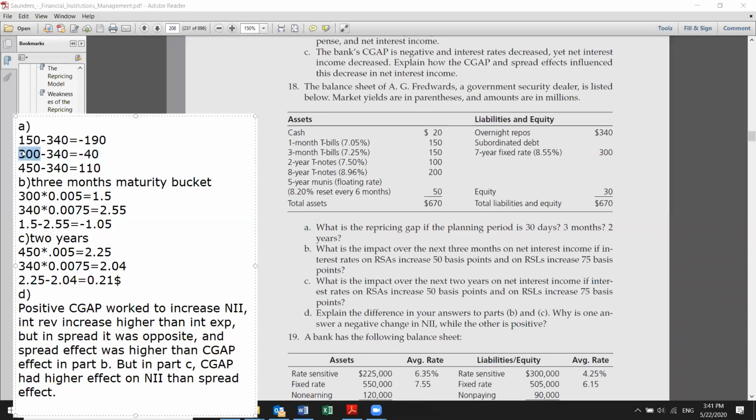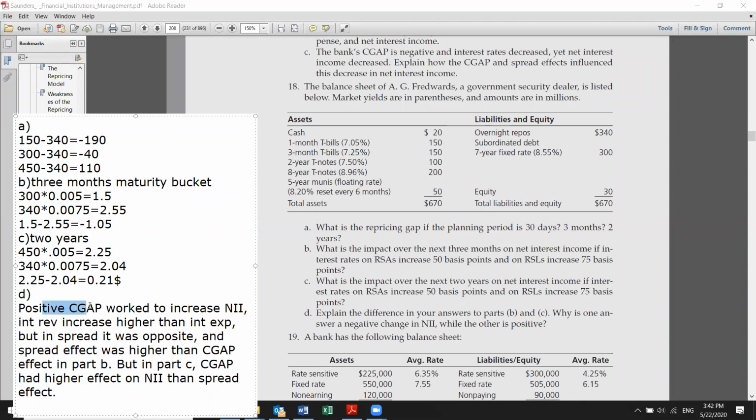Let me just type it, because if you don't type it, then really you just get confused more. So that means that in here, positive gap worked to increase interest revenue higher than expected, but in spread it was the opposite. And spread effect was higher than the cumulative gap effect in part B. Okay, that's true.